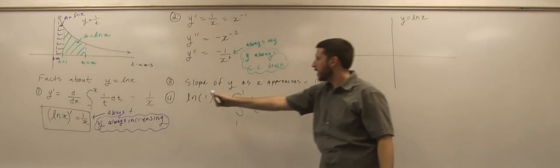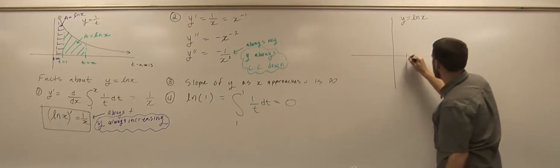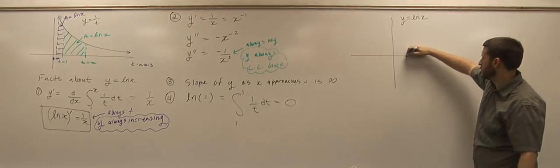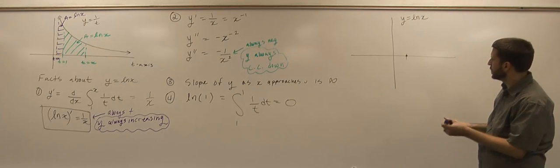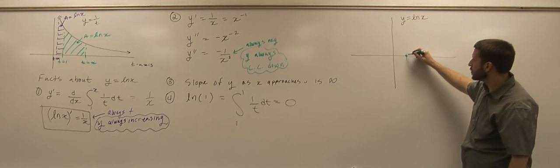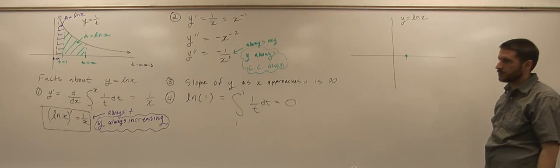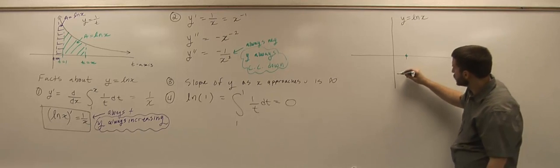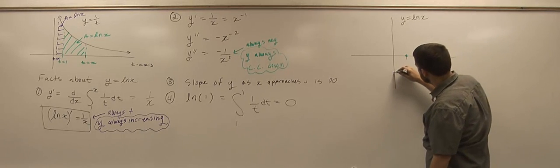I know ln of 1 equals 0, so I have a starting point right here. Oh, let me do it. I know that I'm always increasing, and I know that I'm concave down. So here, this is always increasing and concave down.